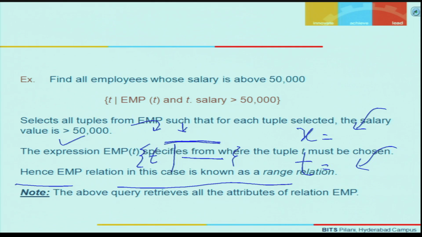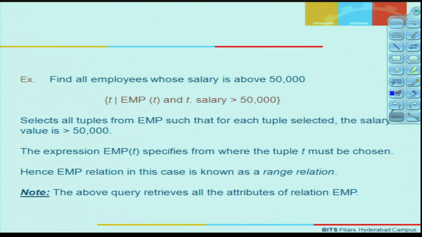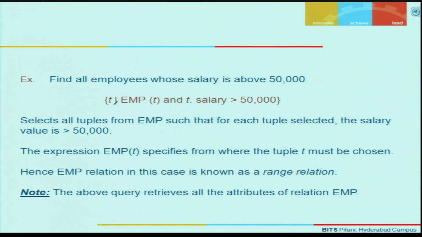Let us have a look at a small example. Find all employees. Let us consider the same database schema, the company database schema. I would like to find all employees whose salary is greater than 50,000. {T | EMPLOYEE(T) and T.salary > 50000}. That means T is a tuple variable, and what is the type of this tuple variable? The type should be employee.